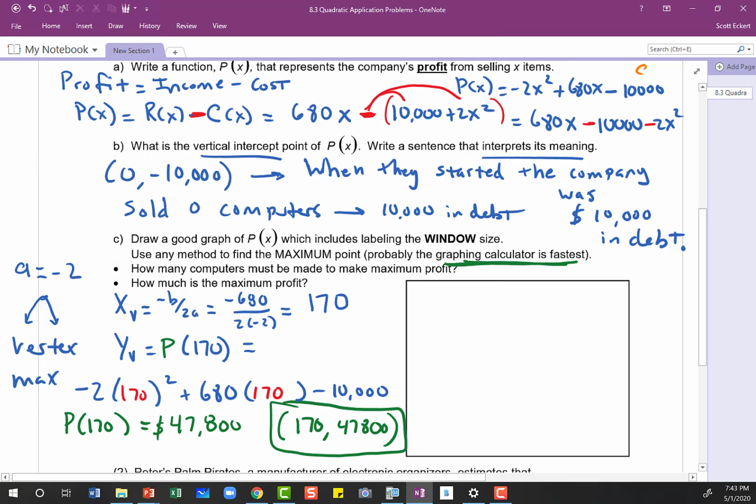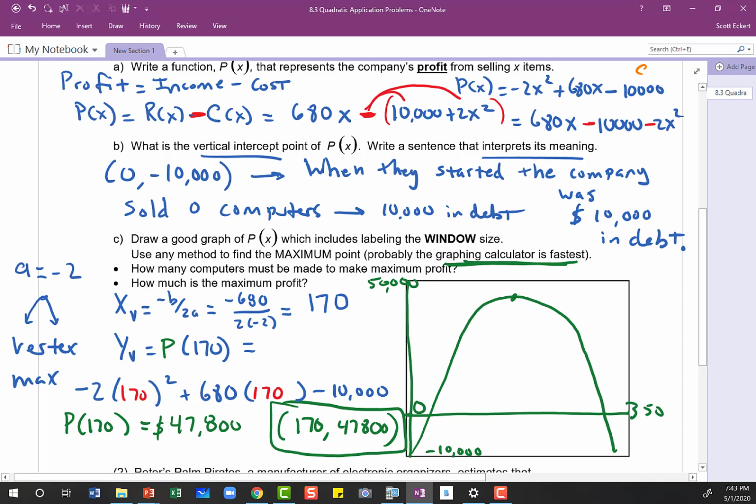So for the window, let's see, we put our axis right here. And we went from 0 to 350, and we went up to 50,000, and we started at negative 10,000, and the graph, we just need a rough sketch.